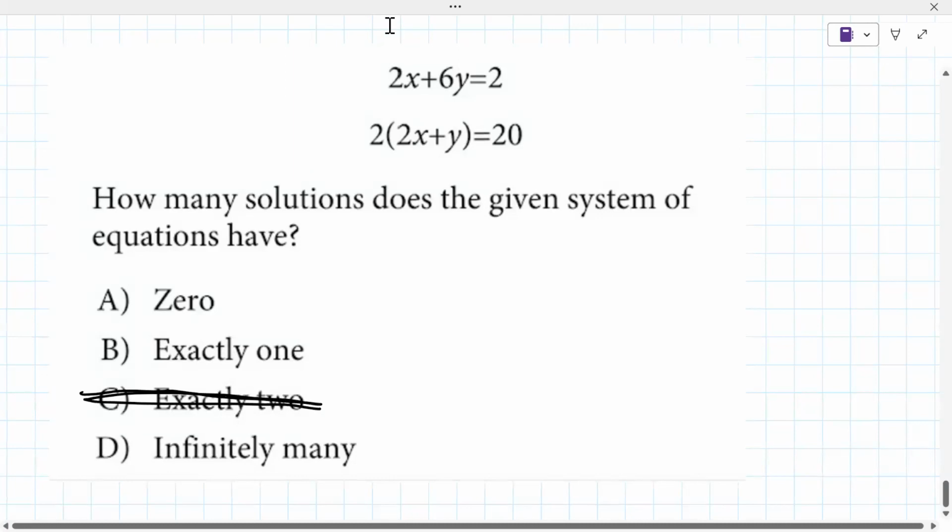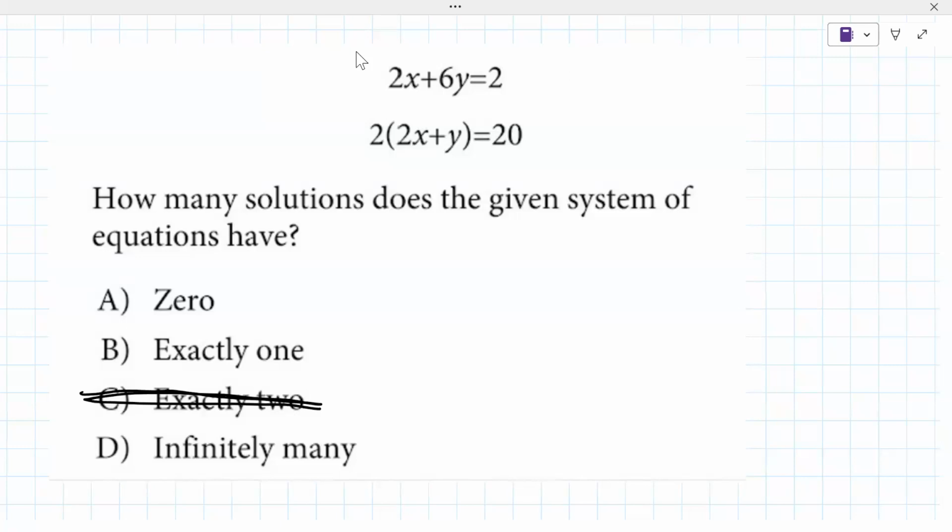So what's your approach here to solving this? What do you think? How do you remember how to solve systems? I'm not really sure.